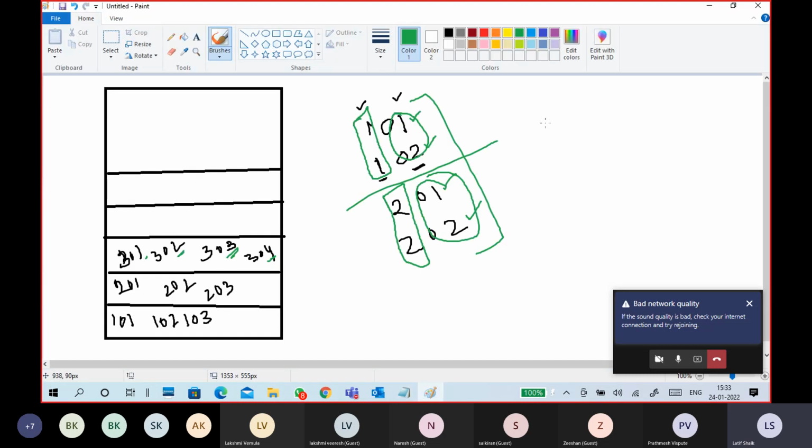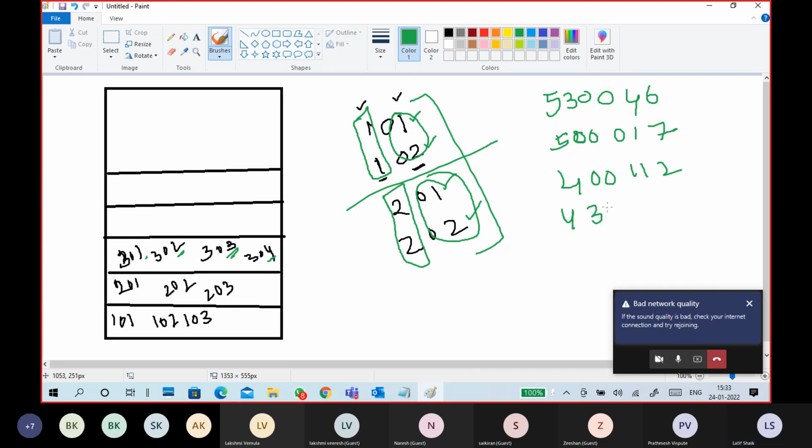One more example I want to tell. We are in different places, so I will write some pin numbers. For example, my current location pin number is like this, and some people's numbers are like this. The first digit 5 means Andhra Pradesh, Telangana, and some parts of Karnataka, like Visakhapatnam, Hyderabad.